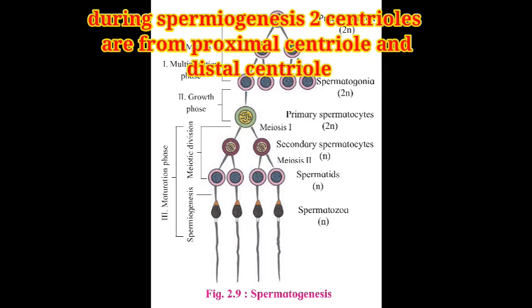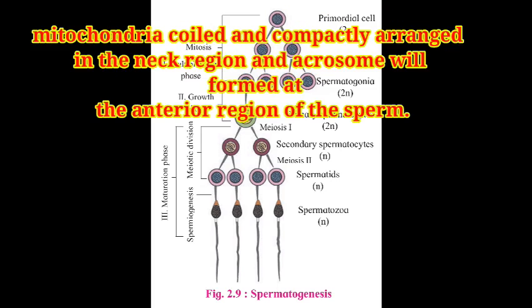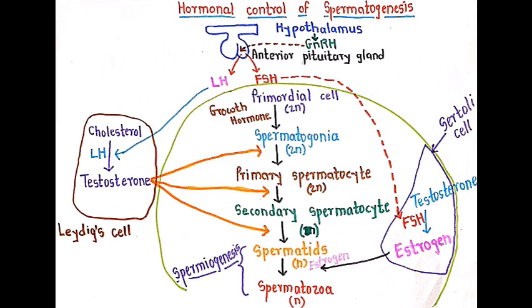One is the proximal and the second one is the distal centriole. At the same time, mitochondria become spirally coiled and the acrosome is formed from the Golgi complex at the anterior position of the sperm.